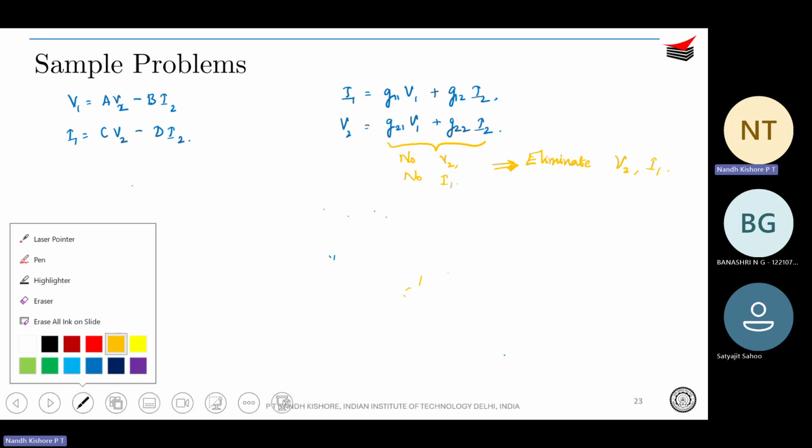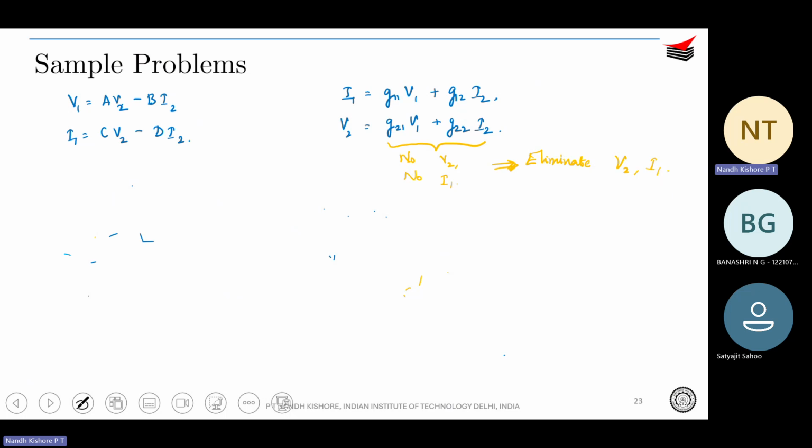Okay, so we will continue. That is V2 from this particular expression, right? So V2 is equal to what? 1 by A V1 plus B by A I2, right?